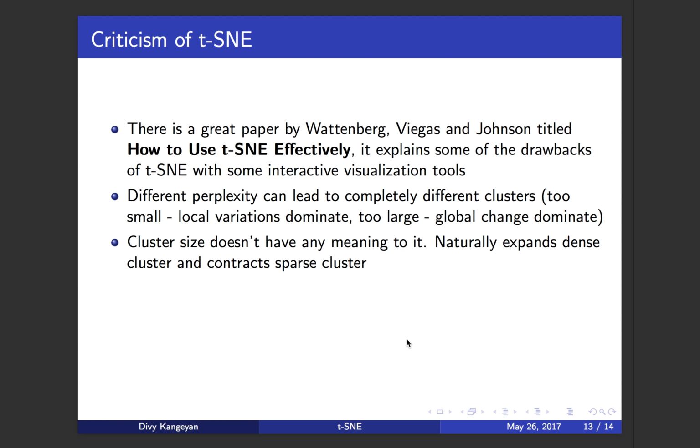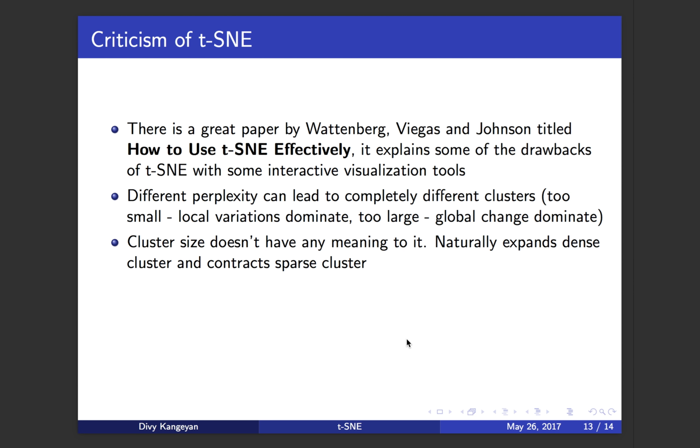And then another one is that cluster size doesn't have any meaning. In principal component analysis, the axes have very good interpretation. The x-axis is going to be the direction where the highest variance is explained, and the y-axis is going to be the direction where the second highest variance is explained.